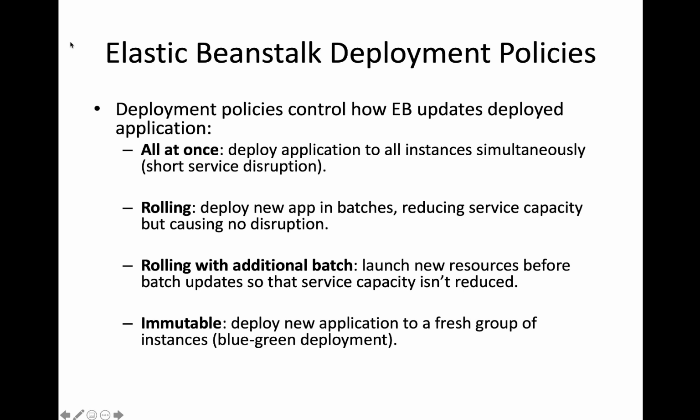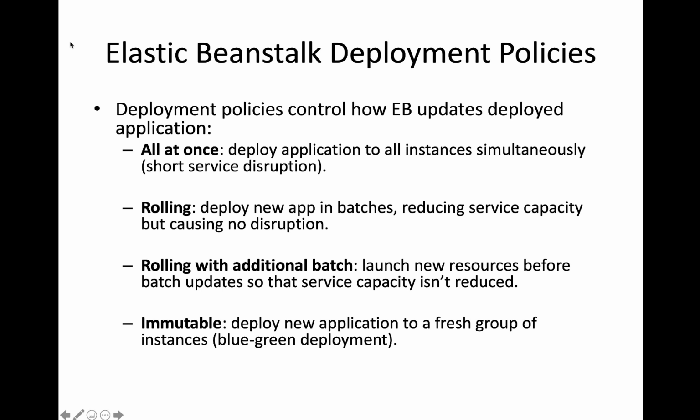You can imagine the Elastic Beanstalk environment spins up 5 different EC2 instances, and you want to deploy your application to all of those instances. Well, if you use the all-at-once deployment model, then Elastic Beanstalk will update all of those EC2 instances at the same time.